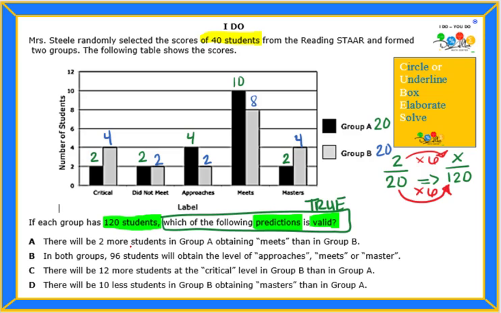Again, each group has only 20 students, and the groups that she wants to make have 120 students, which is a group that is 6 times bigger. So it should have 6 times the amount that is shown in this graph.